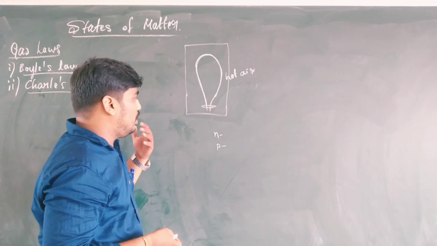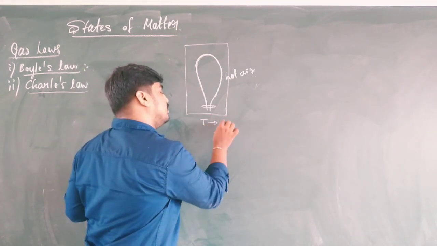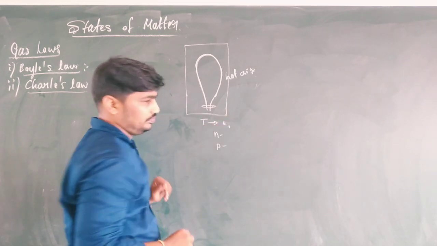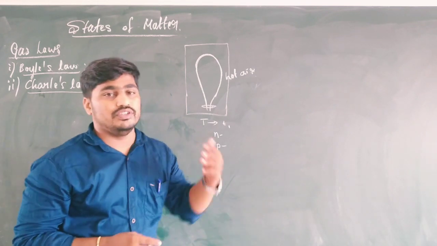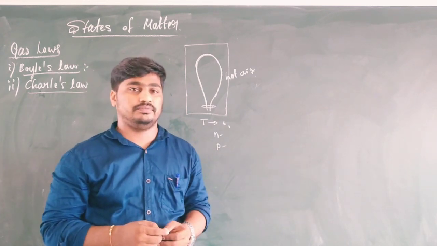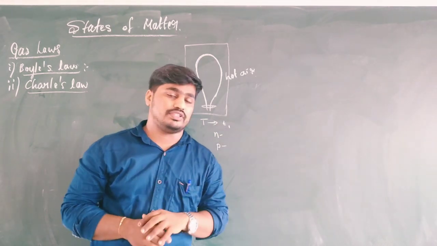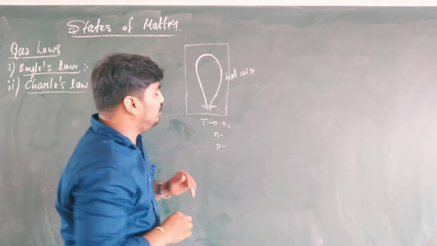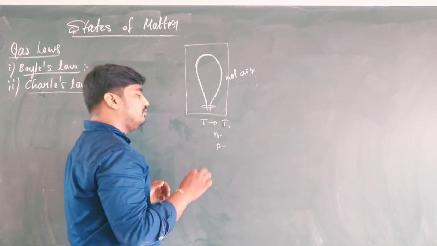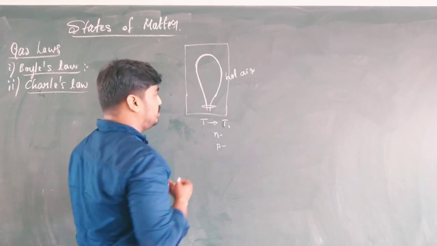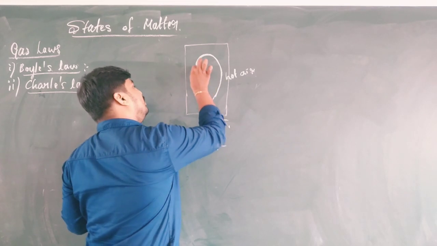Suppose the temperature of the system increases from T to T1. Suppose the temperature increases from 0 degree to 1 degree, like that. The initial temperature is T, capital T, and the next temperature is T1. When the temperature of the system increases by 1 degree, the volume of the balloon also increases.